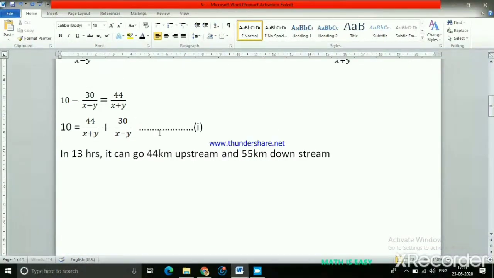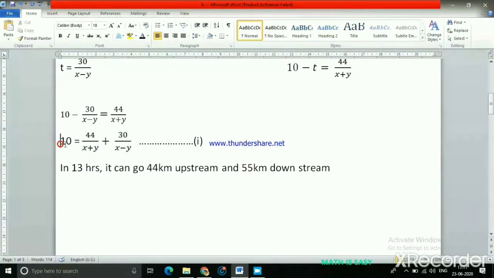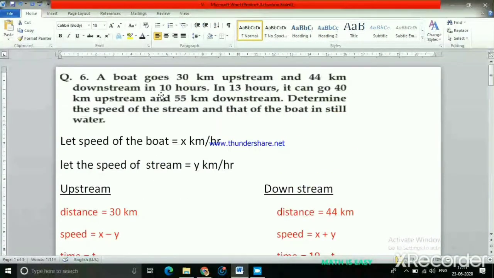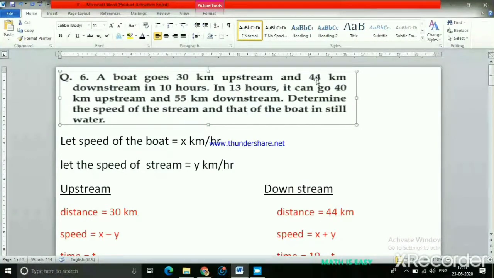Now look at the first equation. Observe, in the first question also they said in 10 hours, 44 km downstream and 30 km upstream. Just to remember the numbers: 10, 30, 40.